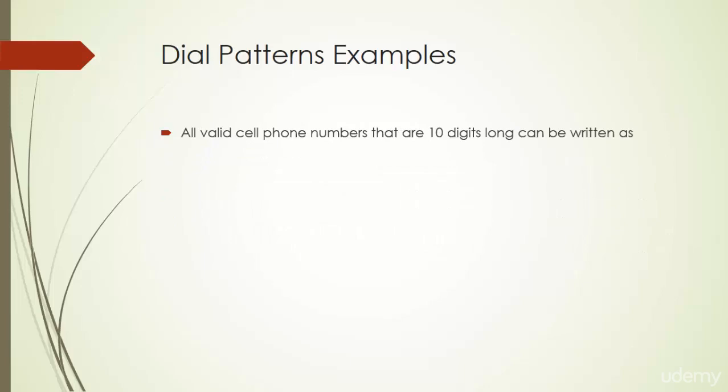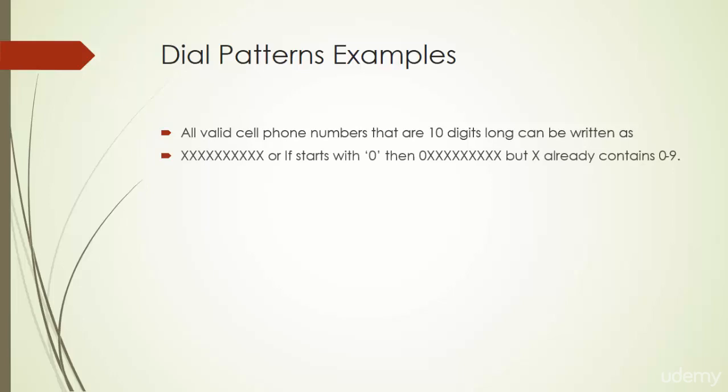Let's see some more examples. All valid cell phone numbers that are 10 digits long can be written as 10 X's. If they start with 0, then we can also write the first position as 0 or O, because we know every cell number will start with 0, or maybe in your case it starts with 2 or 3, then you can put that leading digit.